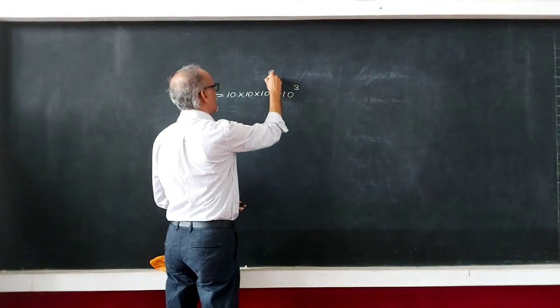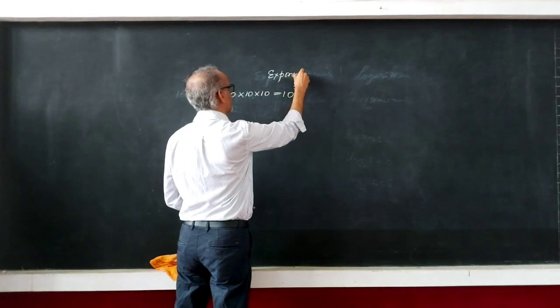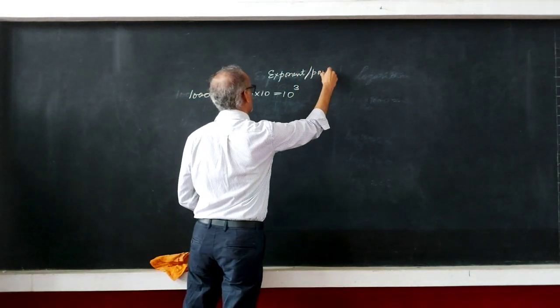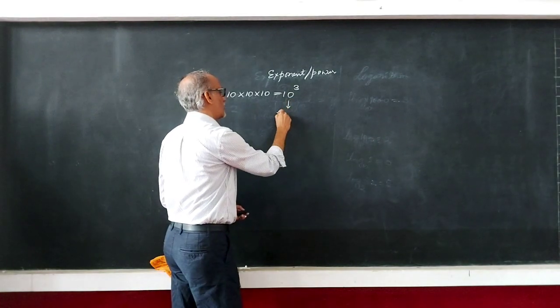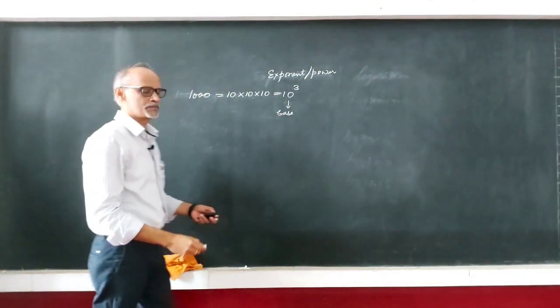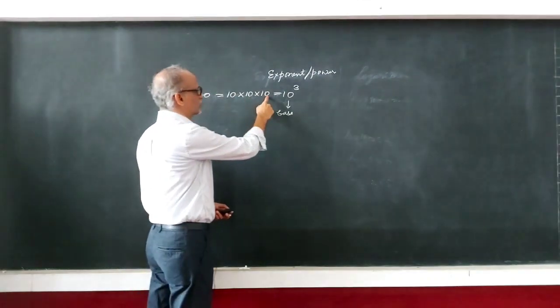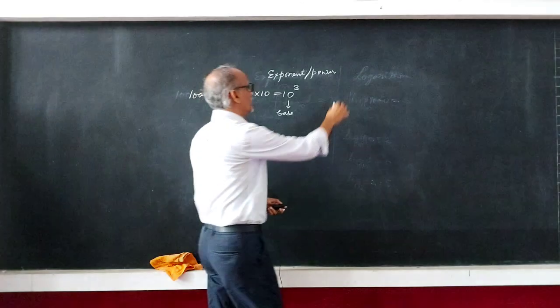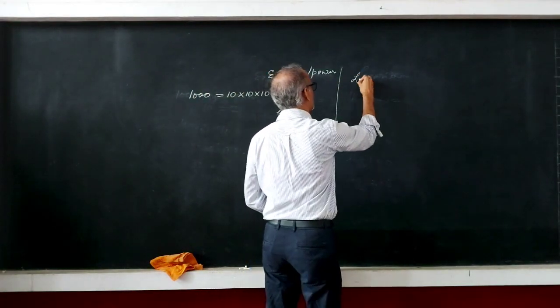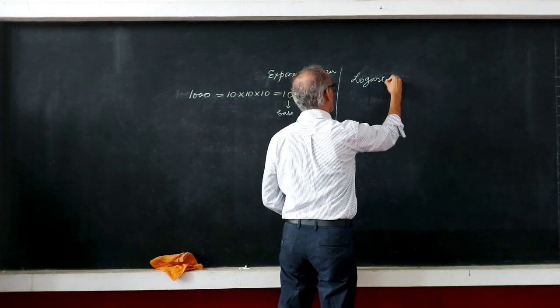The 3 is called the exponent, or also called the power, and this 10 is called the base. So 1000 is equal to 10 to the power 3. Now the same number we can write in one more format, which is logarithm.